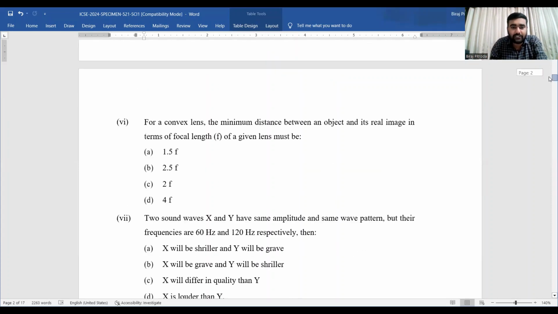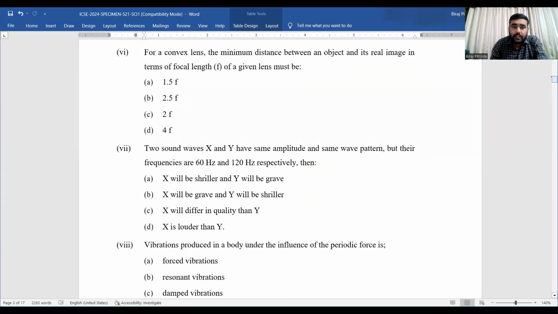That's question number 6. Question says, for a convex lens, the minimum distance between an object and its real image in terms of focal length must be 1.5f, 2.5f, 2f, or 4f. I feel 4f is the correct answer.